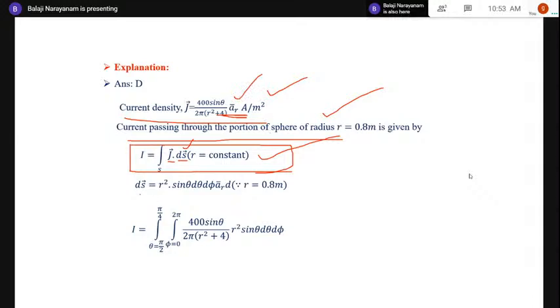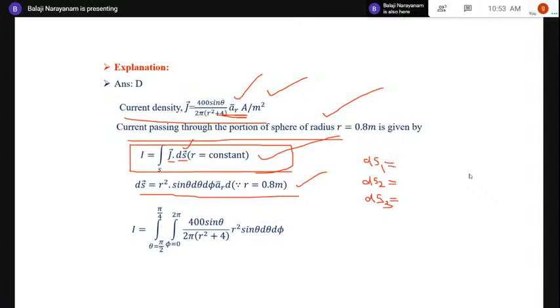So you may take the differential surface areas in 3 manners. 3 particular differential surface areas are possible with your spherical coordinate system: ds1, ds2 as well as ds3. But in our case, whatever the differential surface area along the radial direction only needs to be taken.